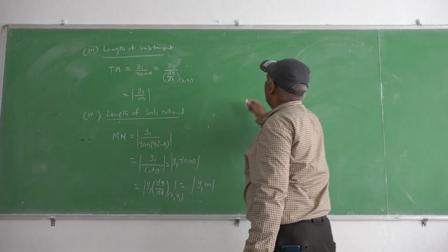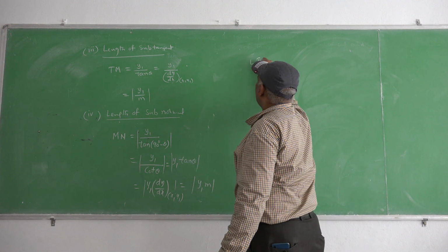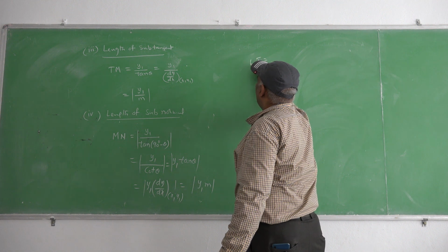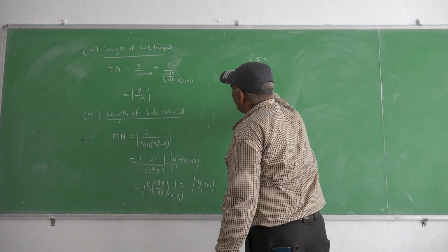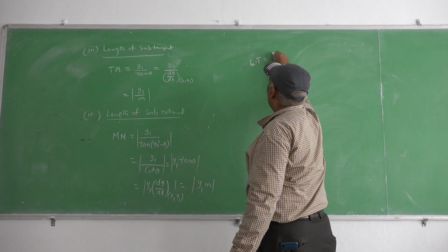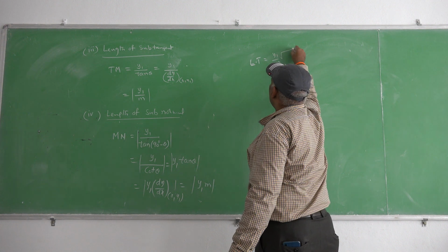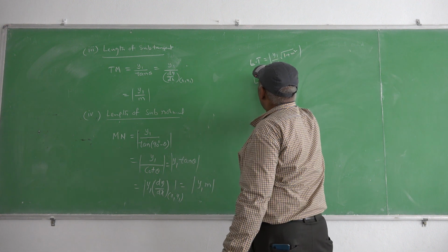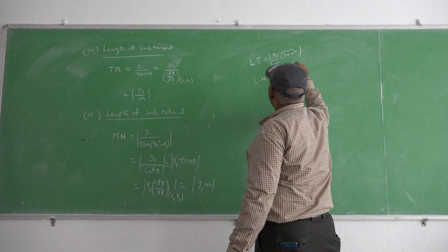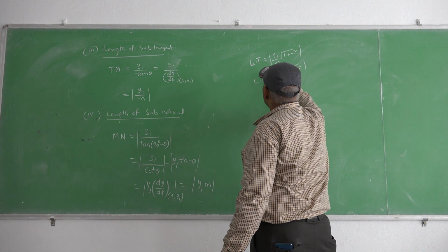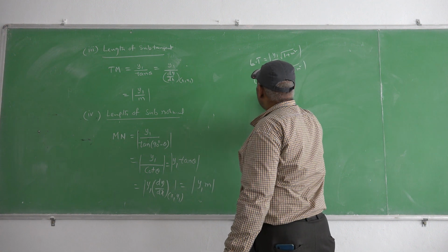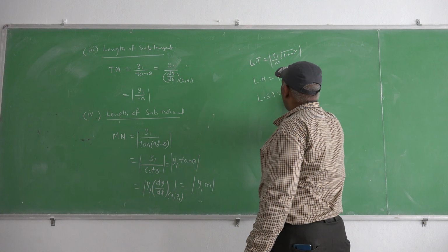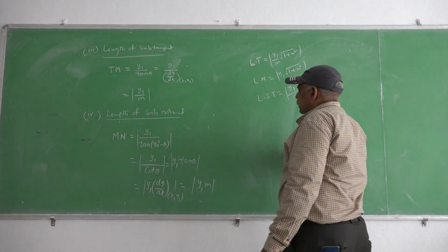Now, once again I am giving these formulas. Length of tangent is y1 by m into root over 1 plus m square, with modulus. Length of normal is y1 into root over 1 plus m square, with modulus. Length of subtangent is y1 by m, with modulus.